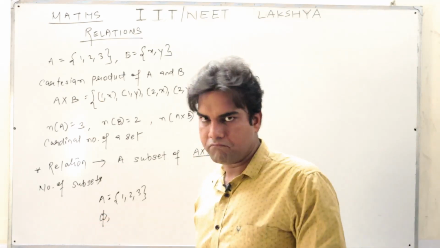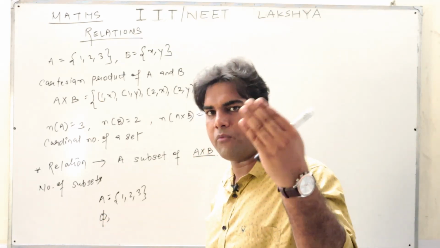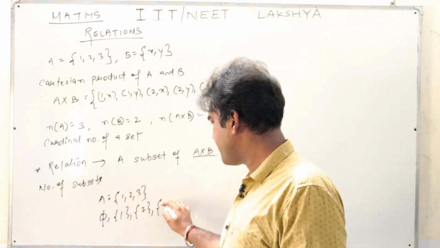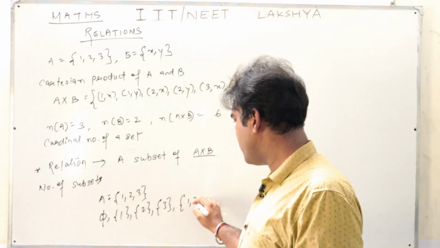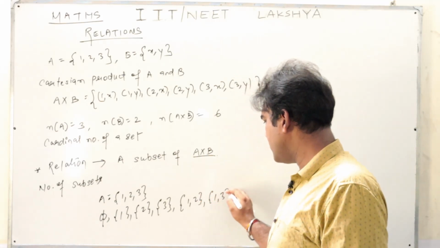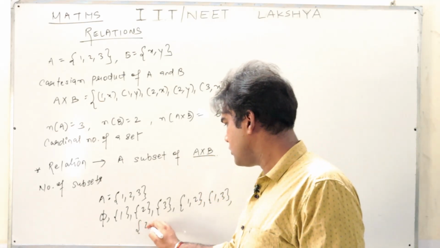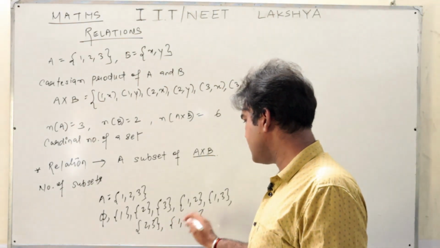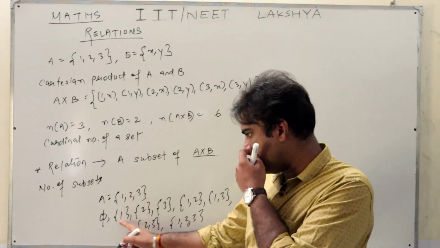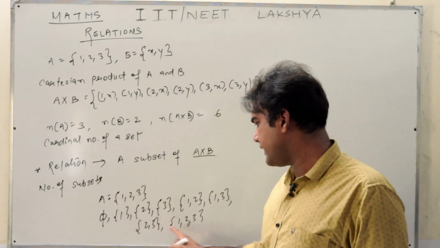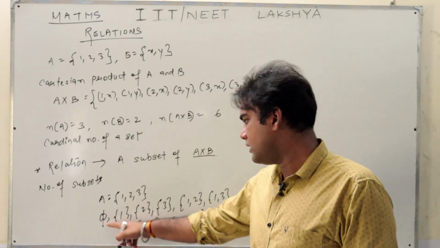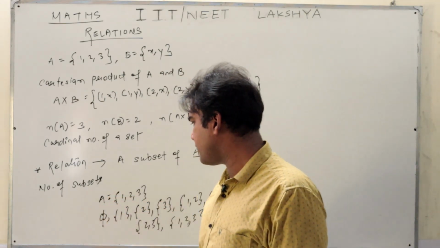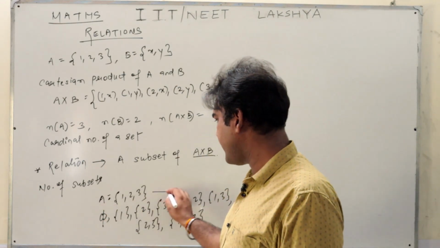Your void set is a subset of every set. So: void set, 1, 2, 3, 1 2, 1 3, 2 3 and 1 2 3. Observe here, these many subsets are there. If you count 1, 2, 3, 4, 5, 6, 7, 8. The number of subsets of A is 8.